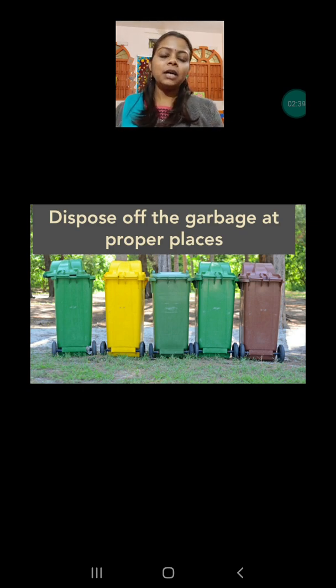And in the house also you should throw all the garbage in the dustbin so that it can reach the proper place. At the last, the person who is responsible for cleaning the city can dispose of this garbage at the correct place, isn't it? So I am sure you are going to follow this first step.